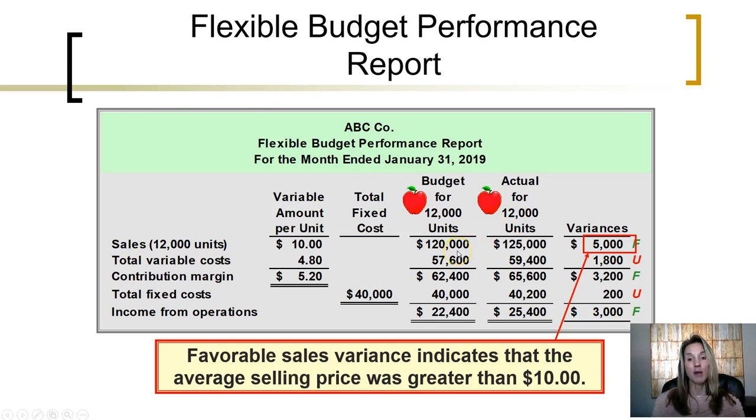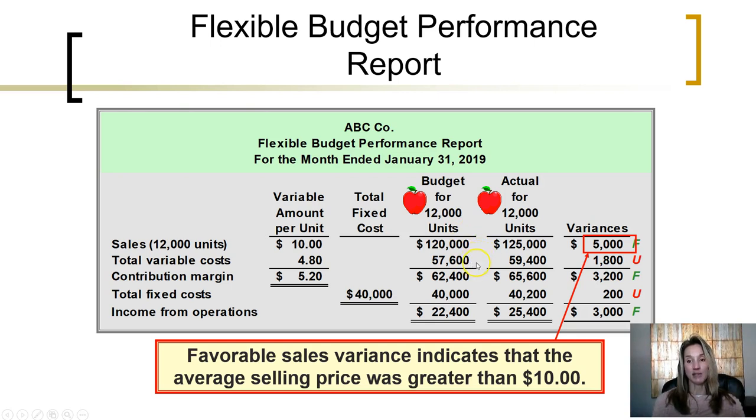Now, when we compare a budget revenue of $120,000 to actual results of $125,000, we can see that the dollar amount of the variance, or the difference between actual revenues and budgeted revenues, is $5,000 favorable, because the actual revenues were greater than the budgeted revenues. We earned $5,000 more in revenues selling 12,000 units than what the budget had expected us to do.